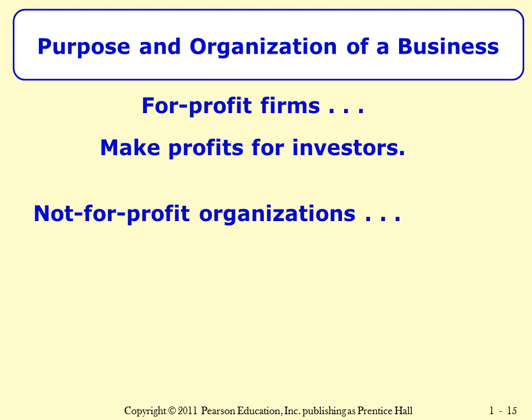Should that be the only goal, making money for investors? Well, hopefully their goal is also to provide society with a beneficial product or service, to provide employment opportunities, and to help the community.